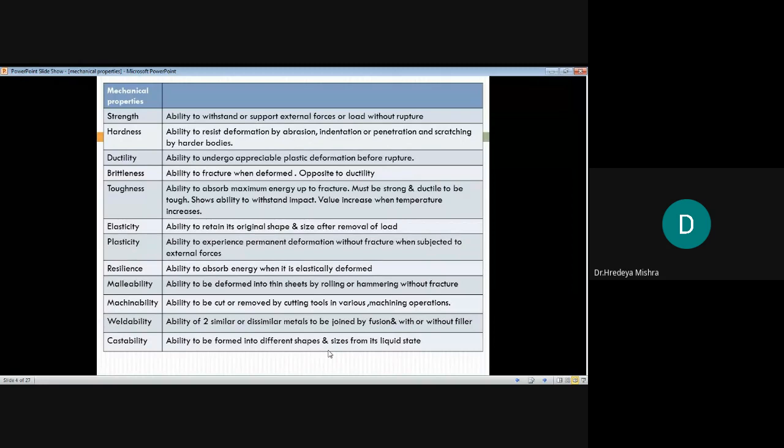Material should be sufficiently strong when subjected to tension, compression, bending, shearing, and torsion.